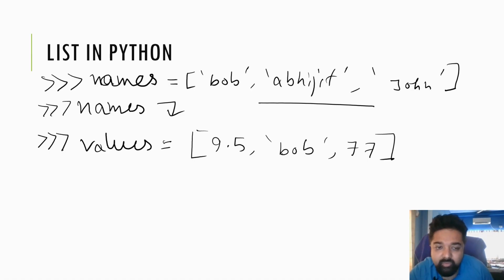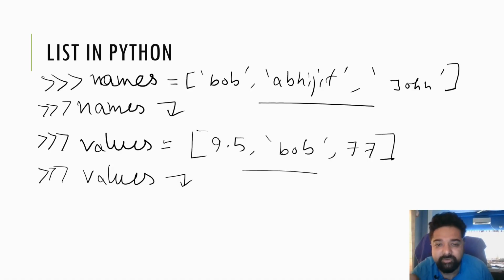Yeah, it will work. If you press enter, it will print. And this is the difference from an array. In C and Java, you have to create an array where the values are of similar type, but in Python you can create a list using different types of data. One can be integer, one can be float, one can be character. That is possible in list.